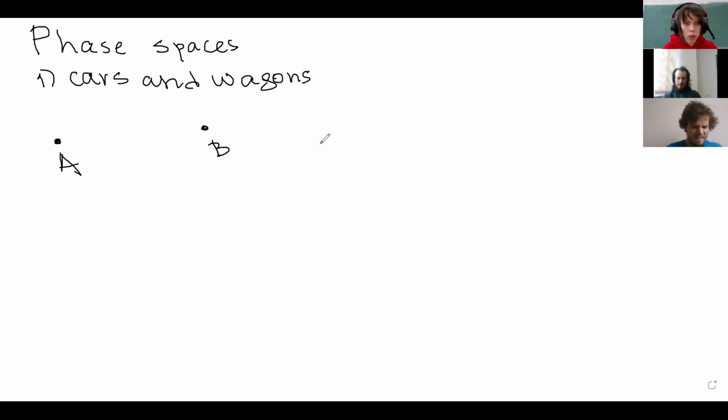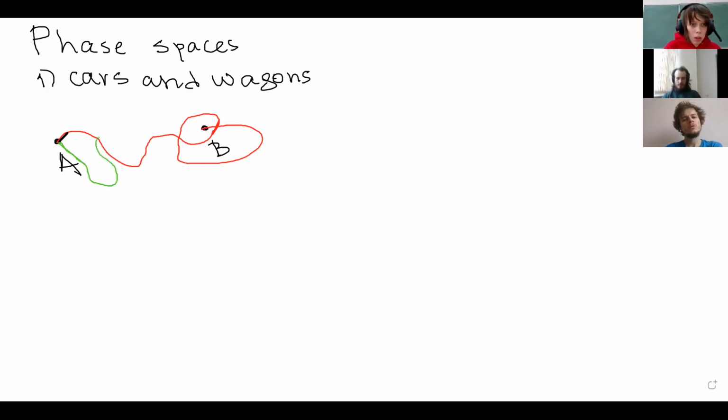They can self-intersect, for example. It can be any shape. So we have two roads.